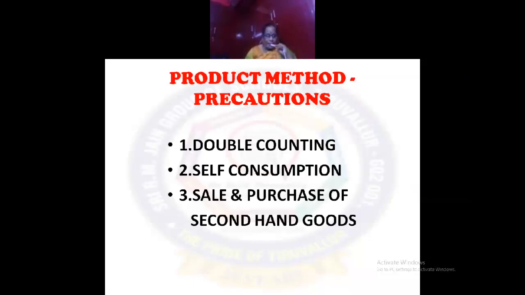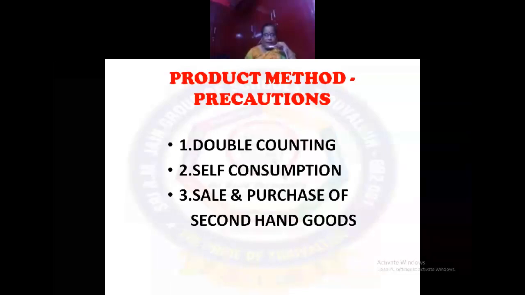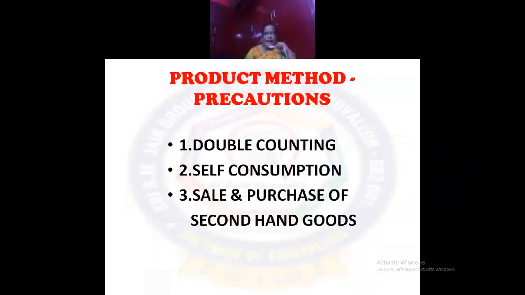What do you mean by double counting? You should know. Okay, let me give an example. Double counting is to be avoided under the value added method. Any commodity which is either a raw material or an intermediate good for the final production should not be included.